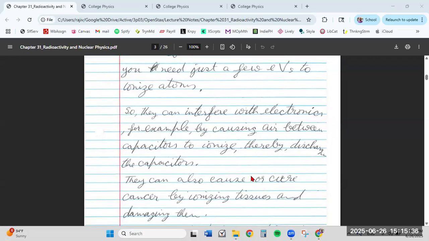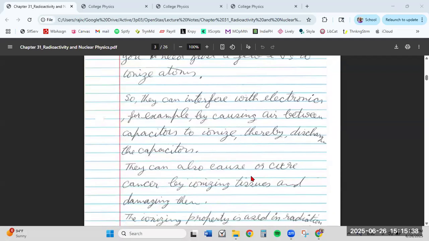As a result, they can interfere with electronics. All electronic circuits have a bunch of capacitors, and capacitors, you will recall, are conducting surfaces separated by insulators, either vacuum or air or some other dielectric.